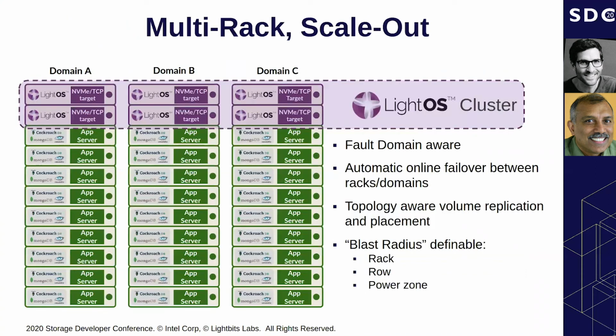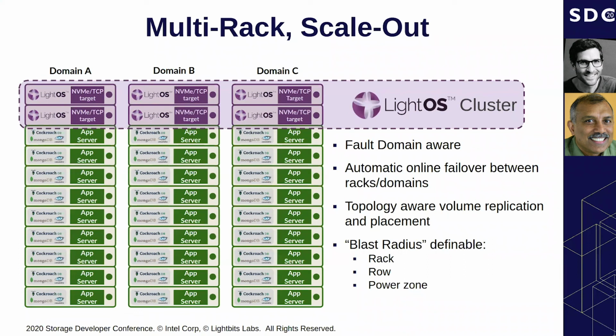So the clustering nature of the system is multi-rack and scale out, in the sense that it is topology aware. If we look at these three different fault domains, we can take a number of nodes from each fault domain and cluster them together in one logical cluster and feed the cluster information awareness about our fault domains.